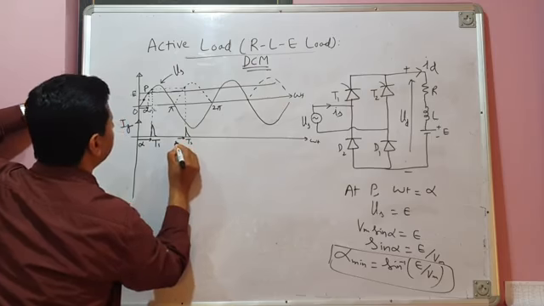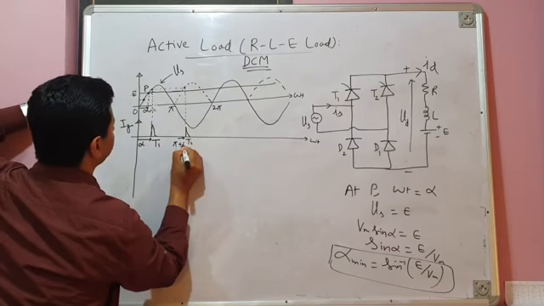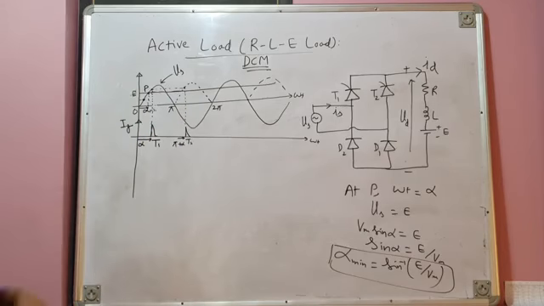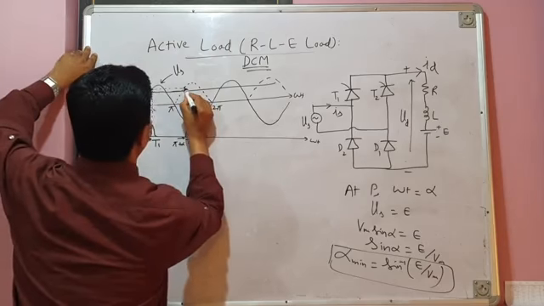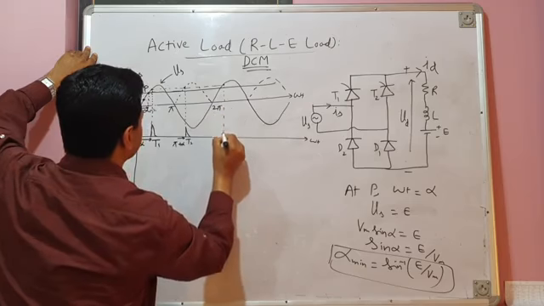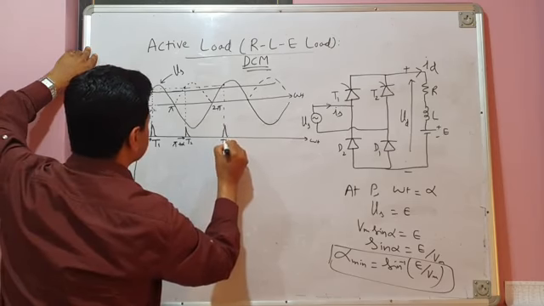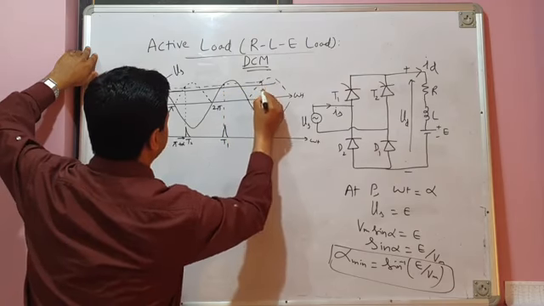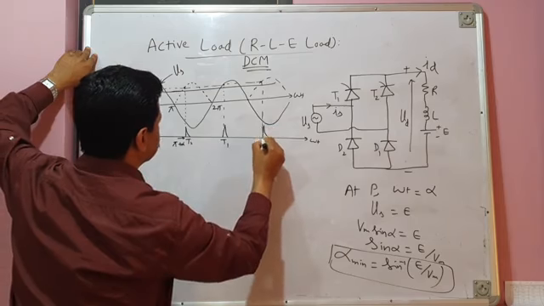And what is the delay angle? It is pi plus alpha. This is pi and this is pi plus alpha. And then in the next positive half cycle, the firing pulse is again issued to thyristor T1. This is another firing pulse issued to thyristor T1. And in the next negative half cycle, the firing pulse is again issued to thyristor T2.